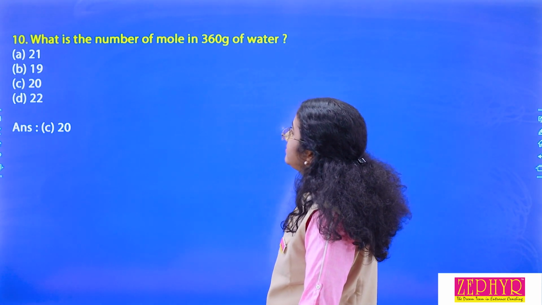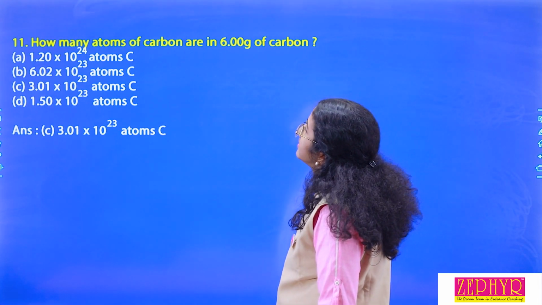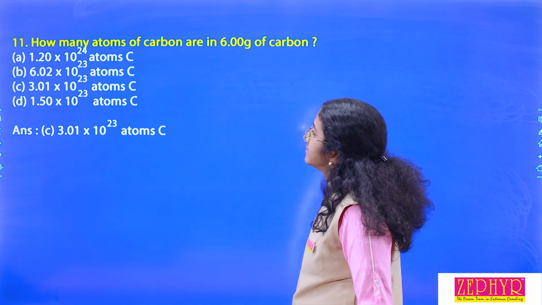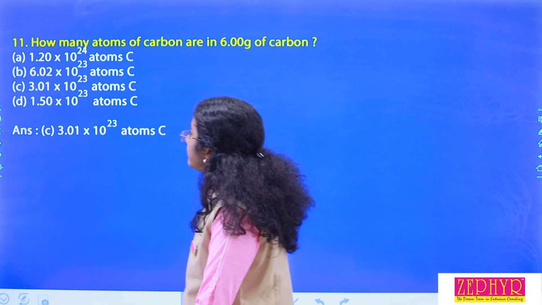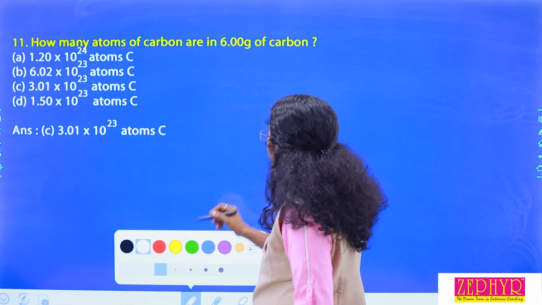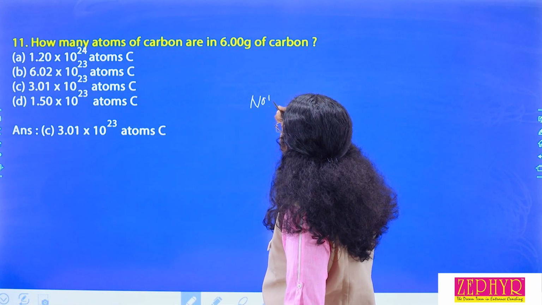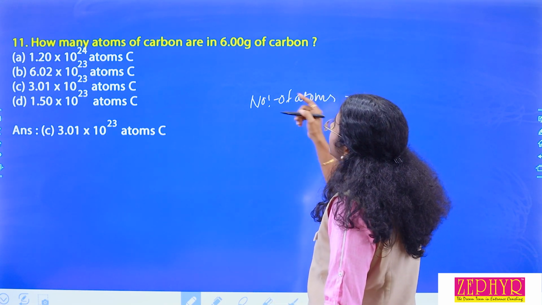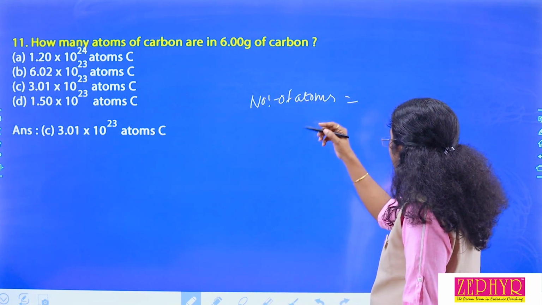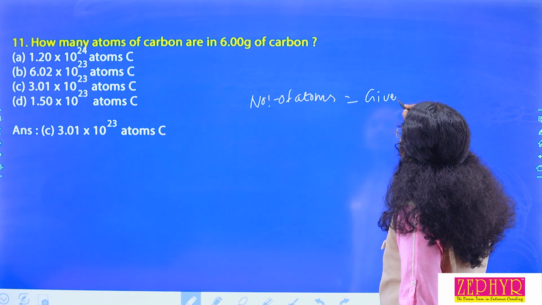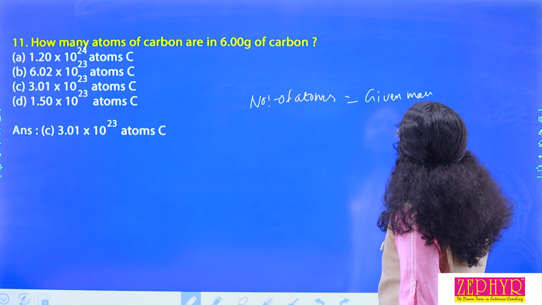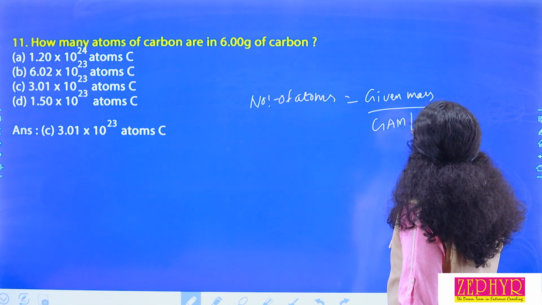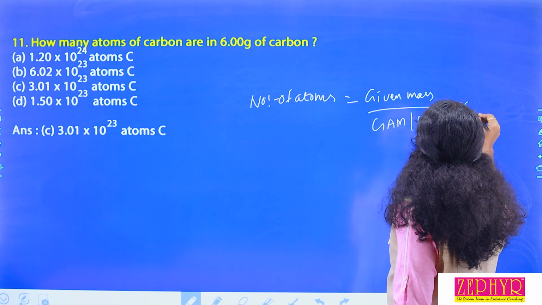Then next question number 11. How many atoms of carbon are in 6 gram of carbon? Number of atoms equals given mass divided by GAM or GMM, into Avogadro number.